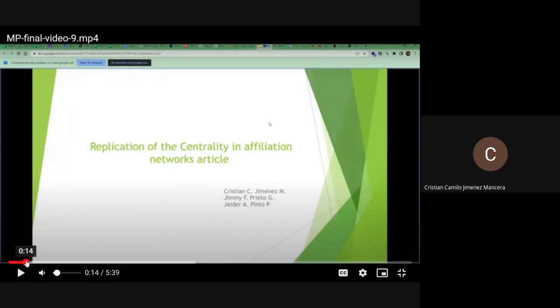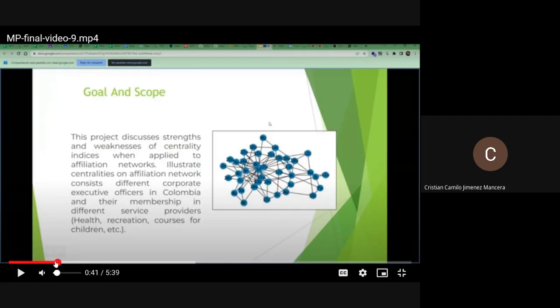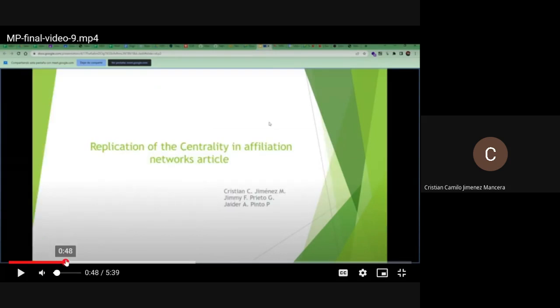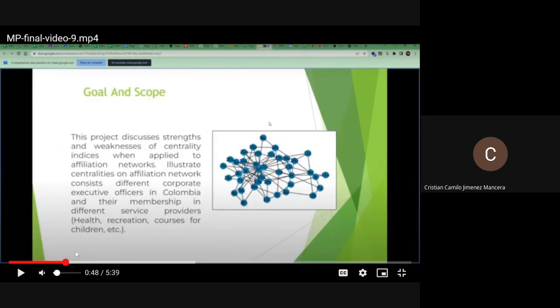Well, we studied an article about centrality in affiliation networks. Well, the goal is to see what is the difference in the approach of this network.